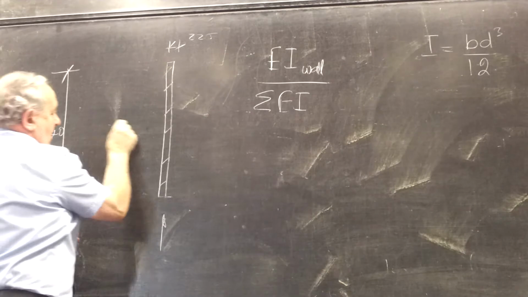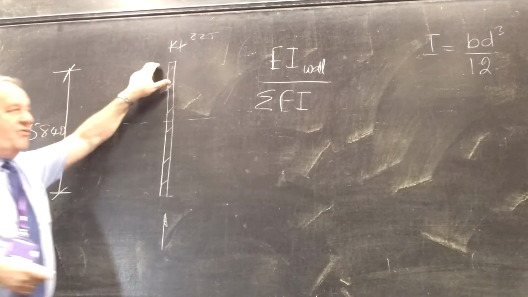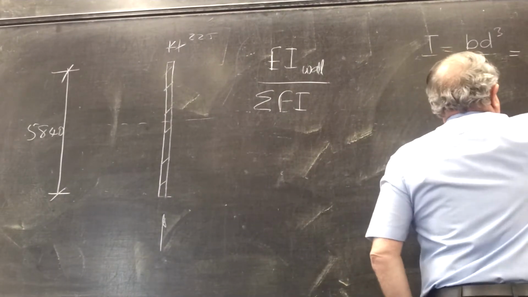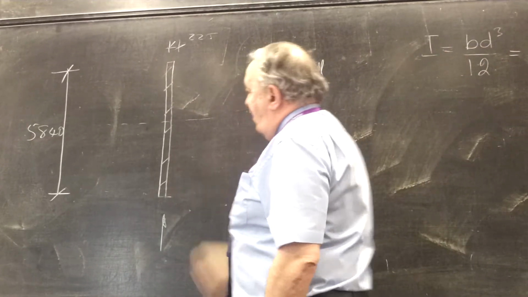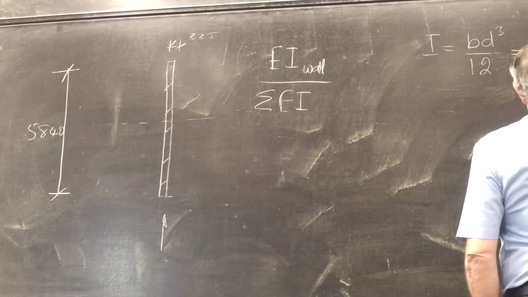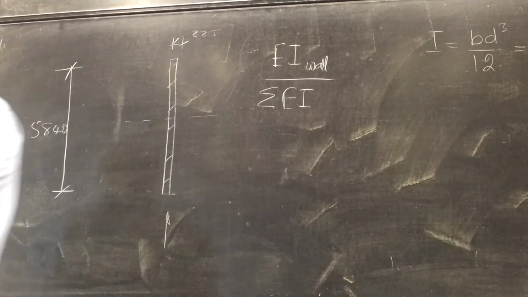So the axis of bending is through the centre of the wall. So in this case, the B is 225 and the D is 5840. So that would be the I value you take.